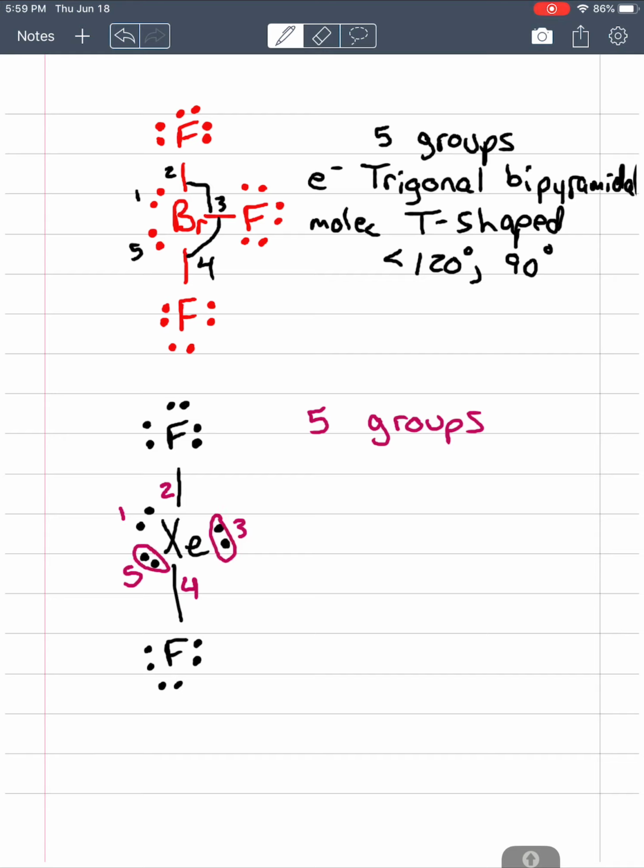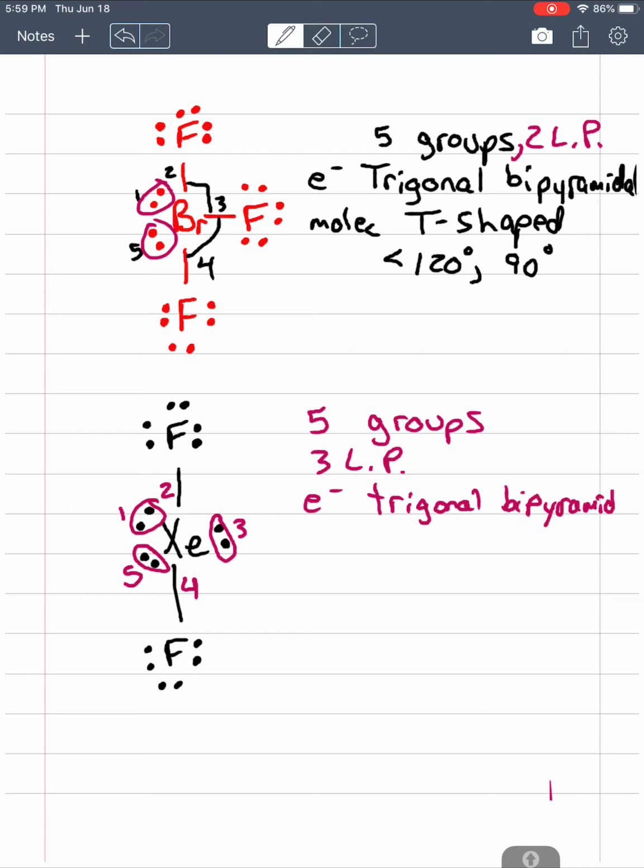We have 1, 2, 3 lone pairs. I forgot to write that this one up here had 2 lone pairs. All right, so 3 lone pairs. The electron geometry is trigonal bipyramidal still. And the molecular geometry is linear. The angle is 180 degrees.